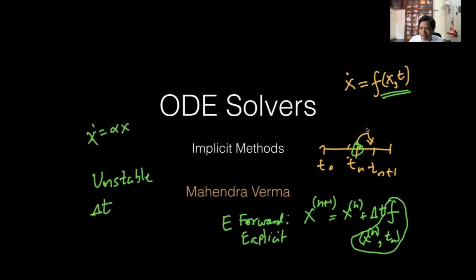With alpha negative, the real solution is supposed to decrease in time, but it turns out if delta t is greater than 2 over alpha in magnitude, then the numerical solution oscillates and grows. So stability is a problem for Euler forward. Implicit schemes are better for stability, and that's what I will show today.